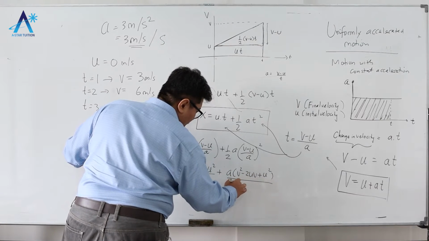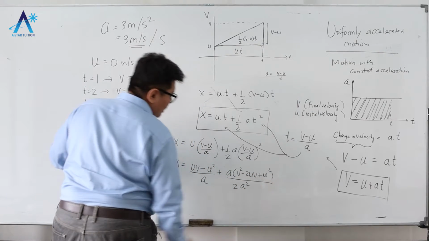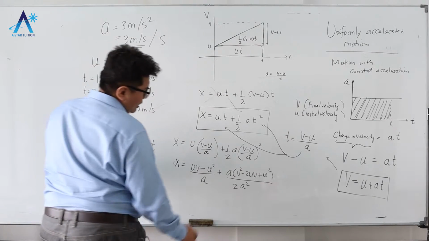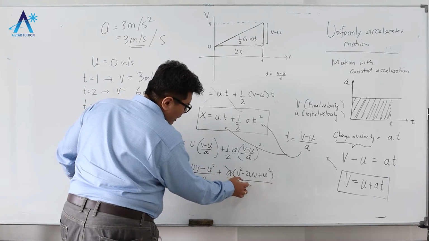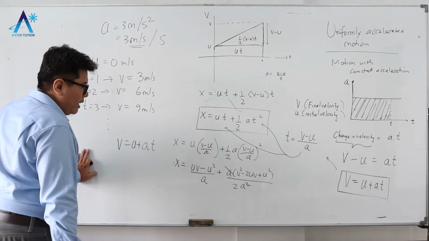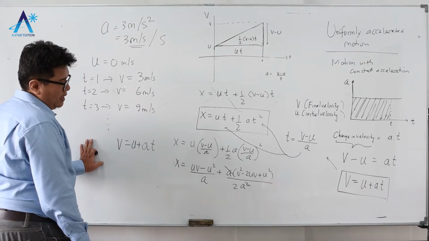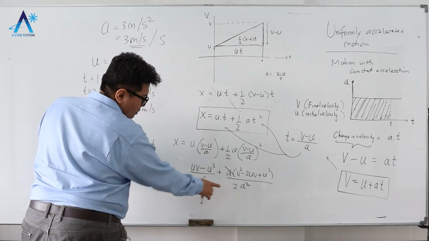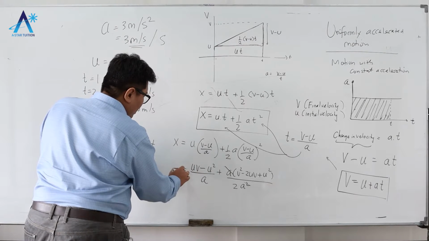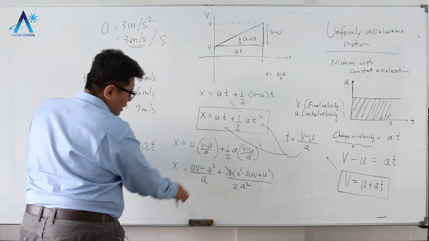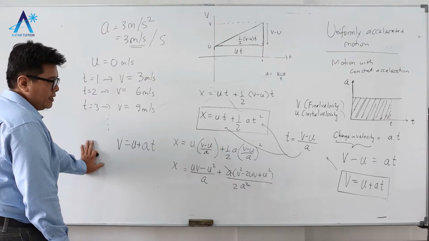by 2a square. Now you can see that I can cancel one of the a here, and then you have 2a as the denominator of the second fraction, and a as the denominator of the first fraction.